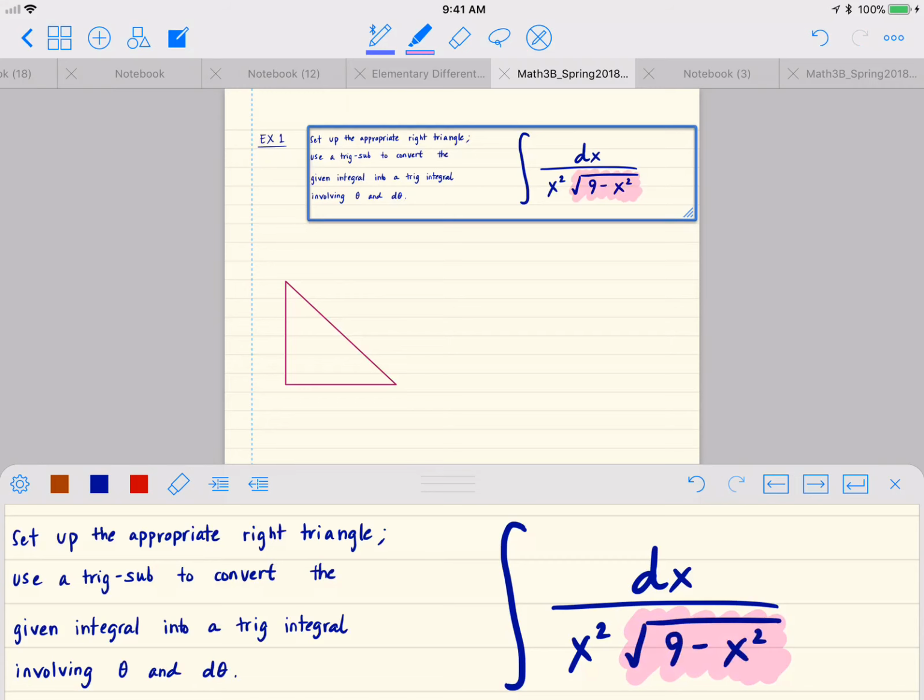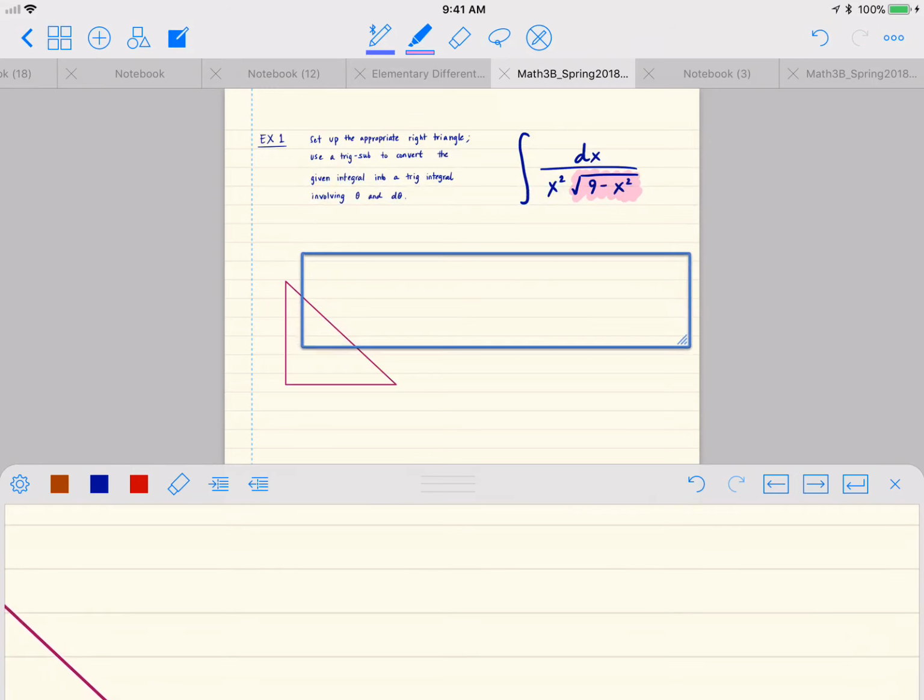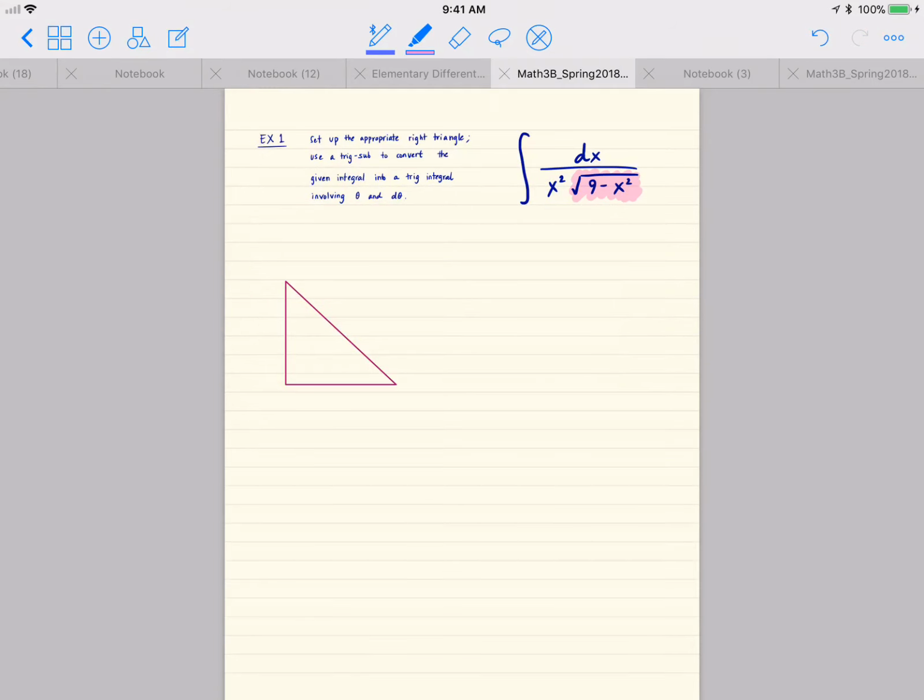If I have the square root of 9 minus x squared, what that says to me is that if I make a leg the length square root of 9 minus x squared, and then if this other leg has a length of x, now, according to Pythagorean's theorem, I'll have x squared plus the square root of 9 minus x squared, quantity squared, is equal to my hypotenuse squared, right? So here's my hypotenuse.